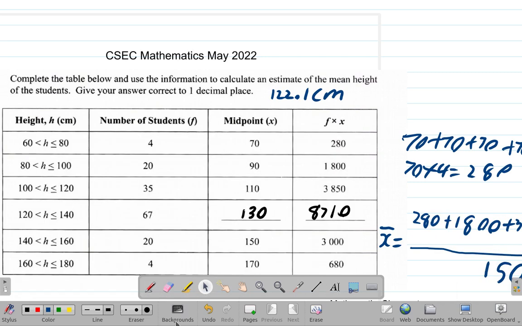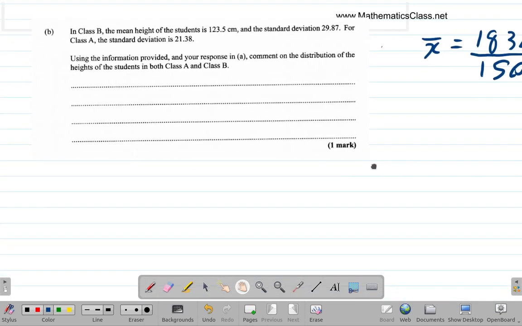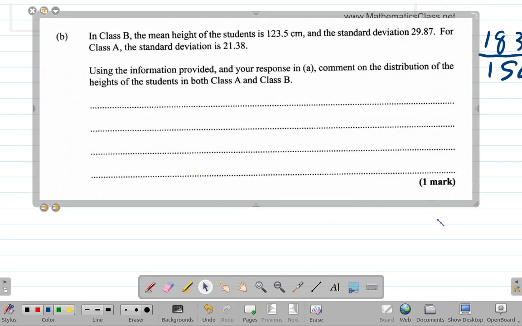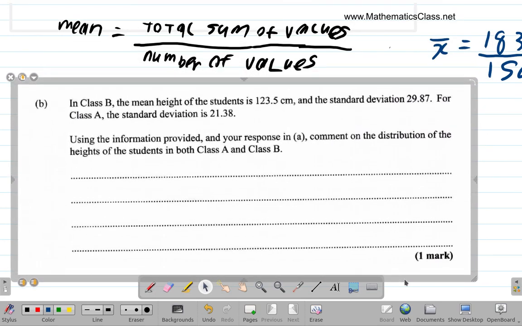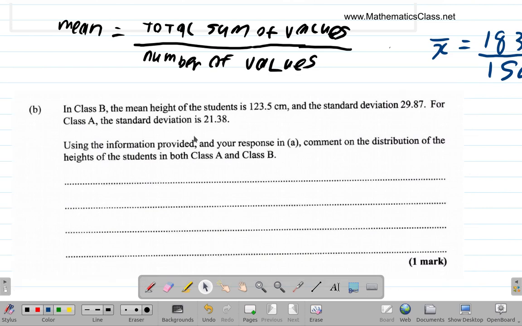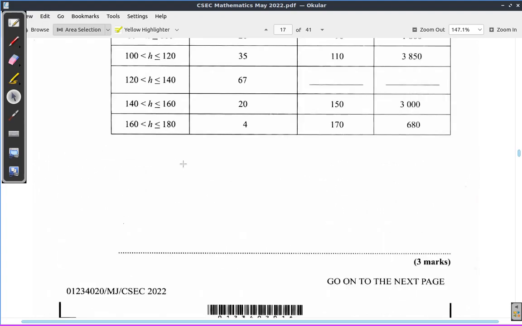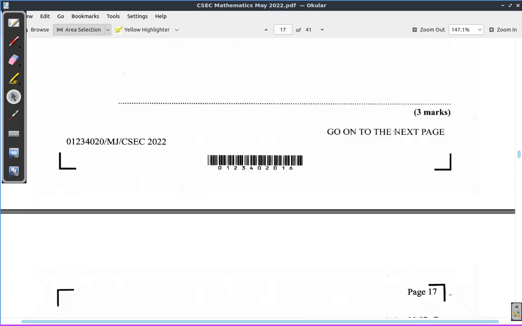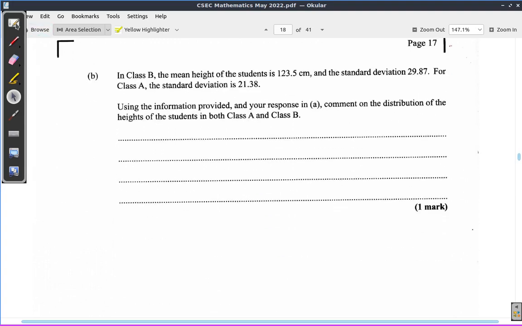Let's drag it down. Now, what they're saying is that in class B, so that's a different class. Remember, this was class A. What we did a while ago was for class A.